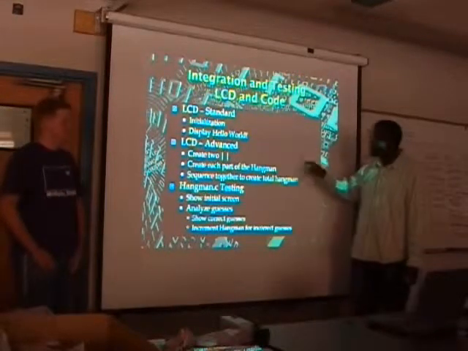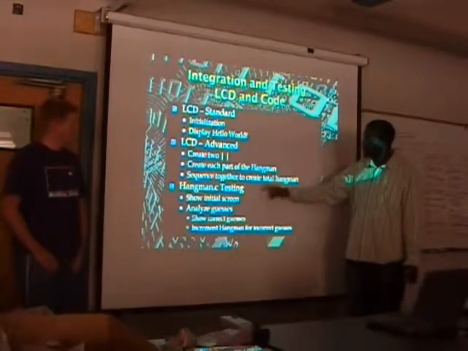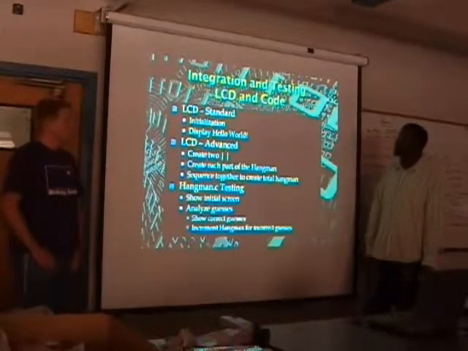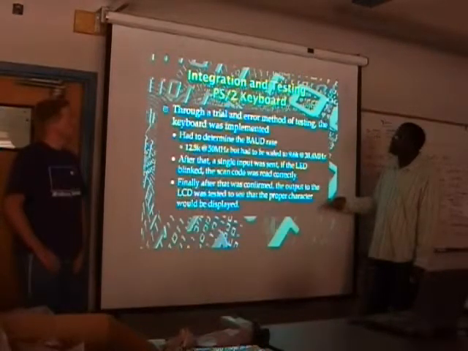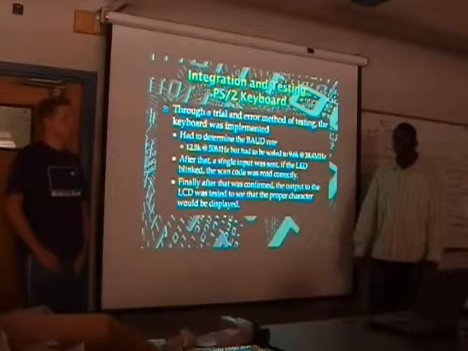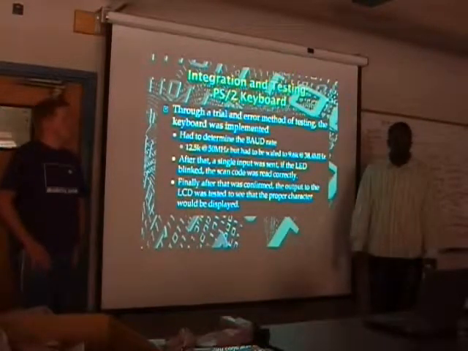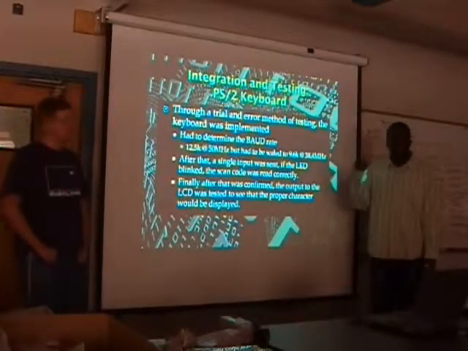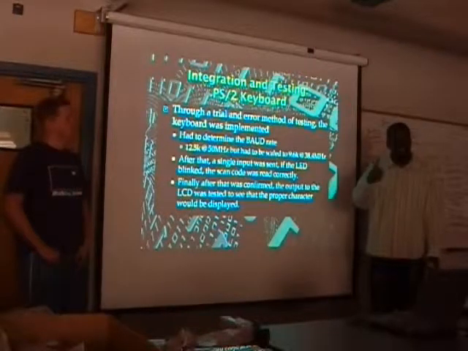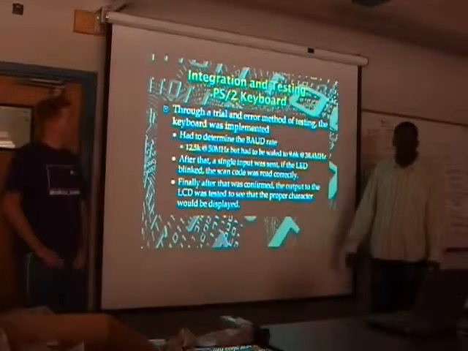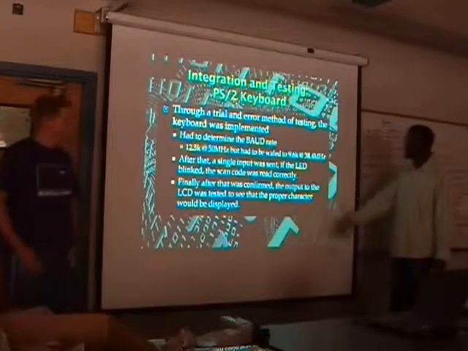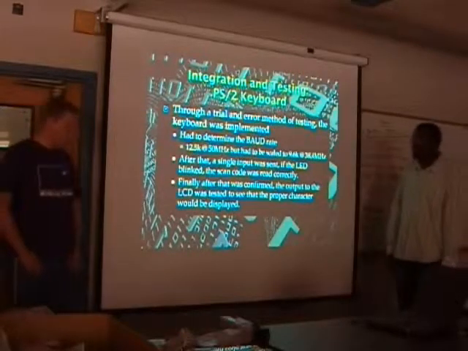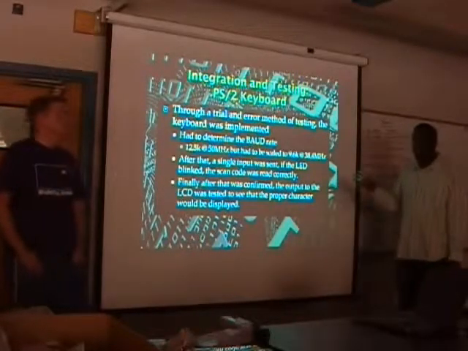Next is testing the keyboard. Basically, all I did was trial and error, and once I found the baud rate, I just started pushing buttons, and if it worked, super. If not, back to the drawing board. But for the most part, once I got the baud rate, everything was fine. I just had to take the scan codes and compare them.